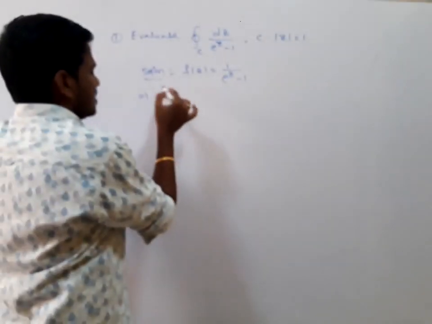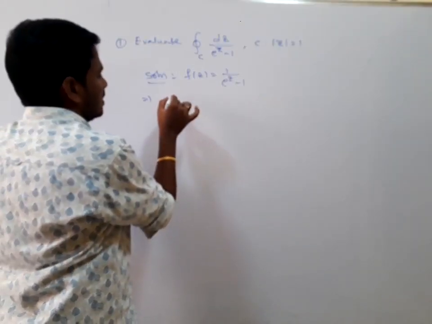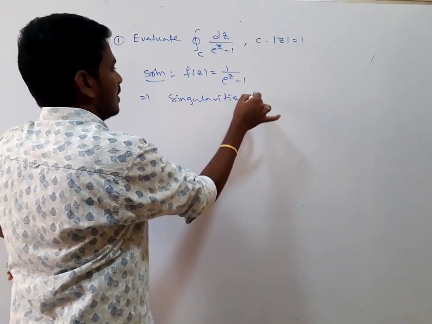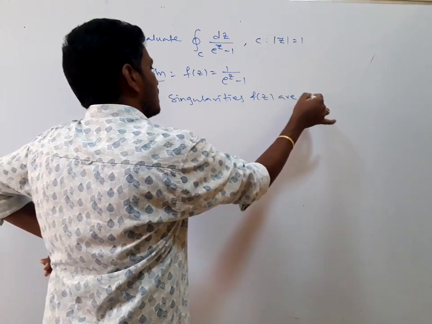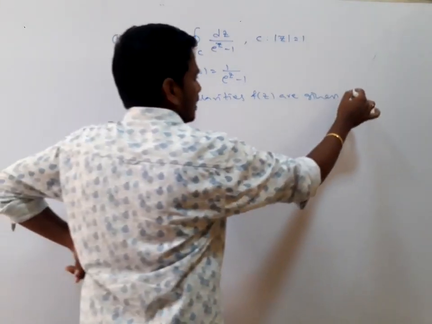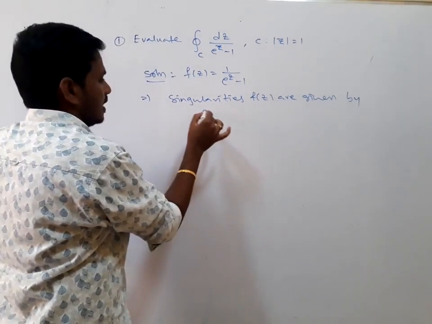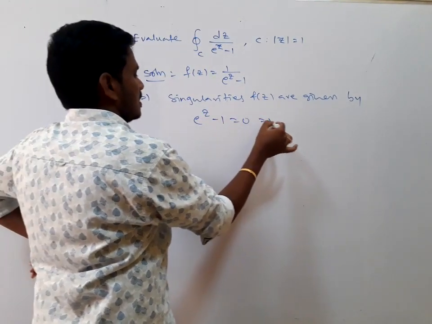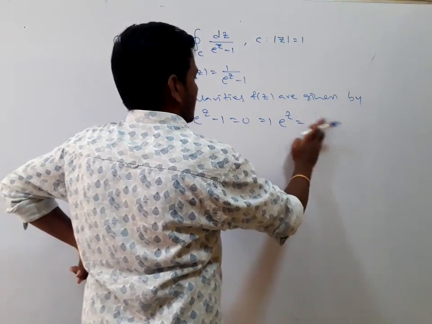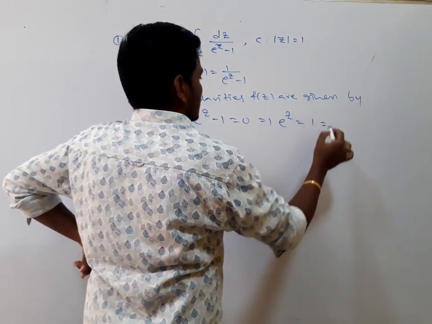So e to the power z minus 1 equals 0, which implies e to the power z equals 1.